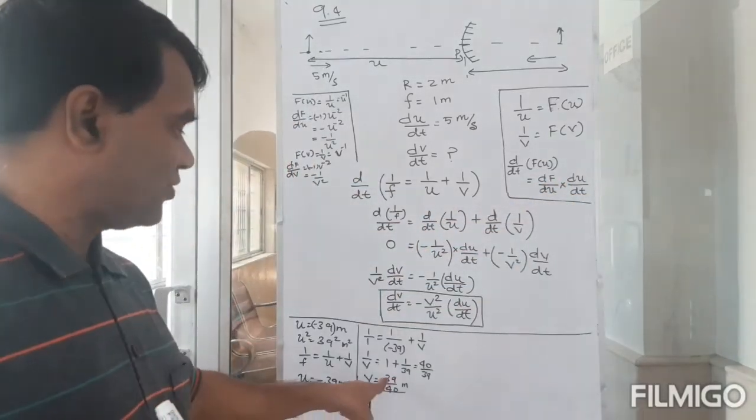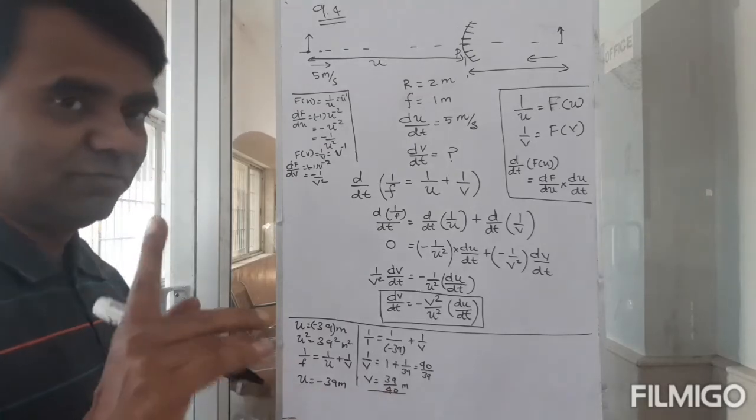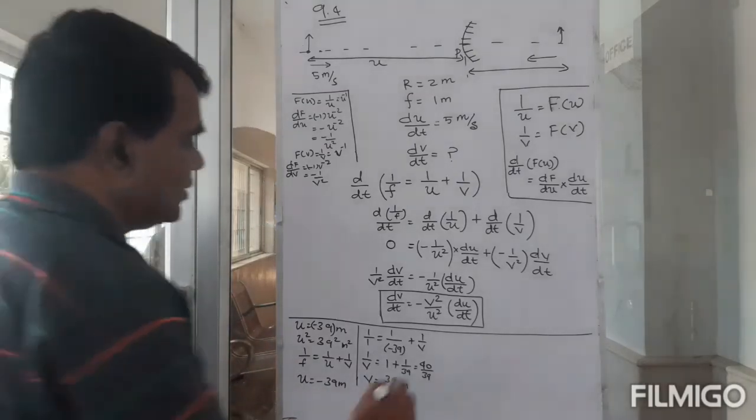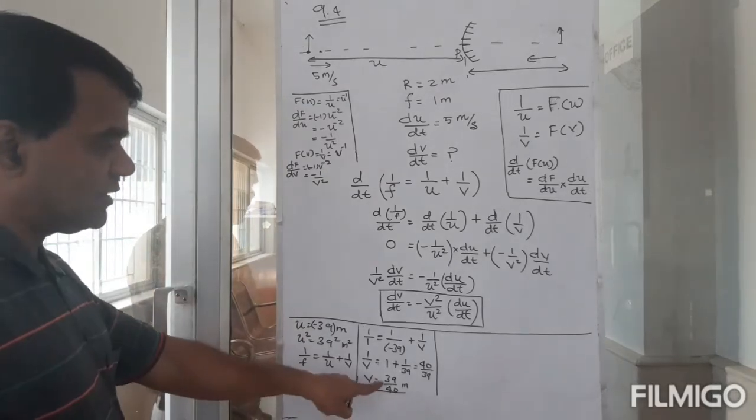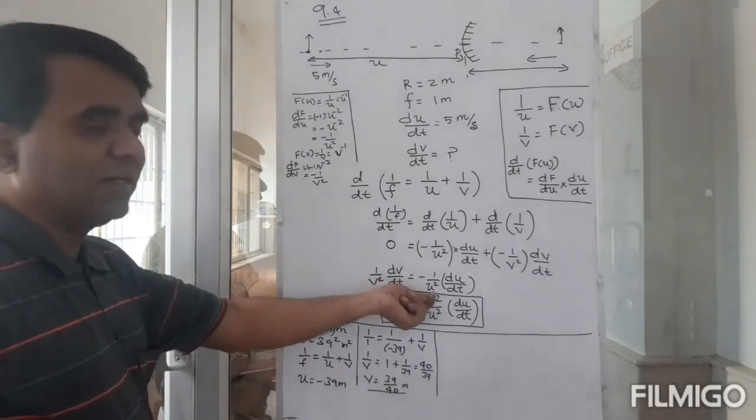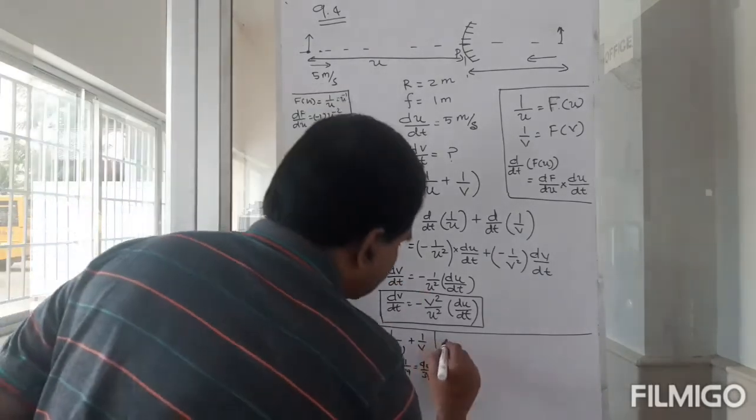So this is positive, this is negative. Keep that in mind. So you have found that if u is 39, v is 39 by 40. So you plug in those things here. So what is the dv by dt?